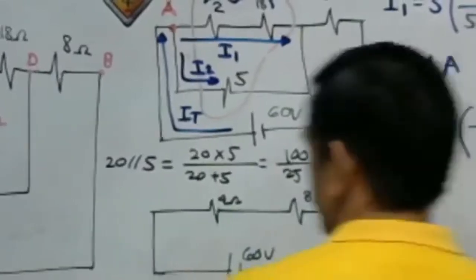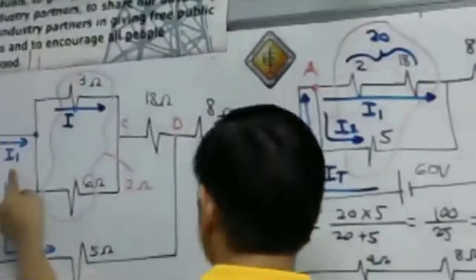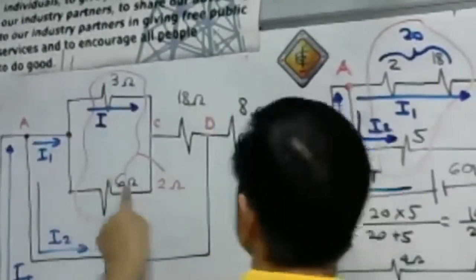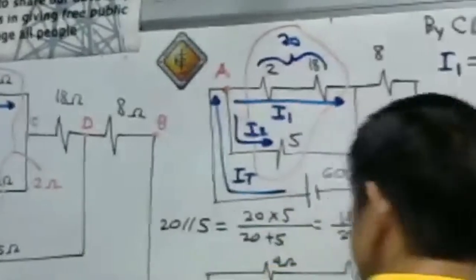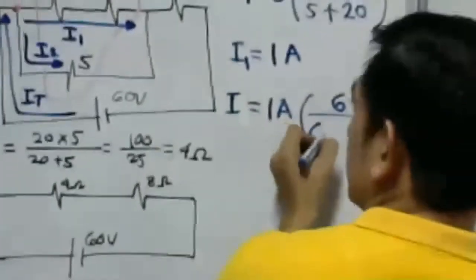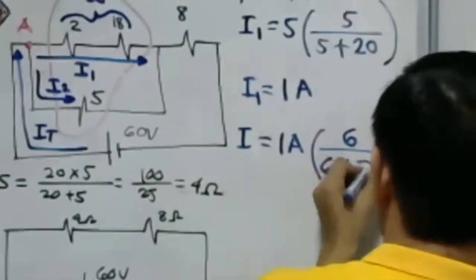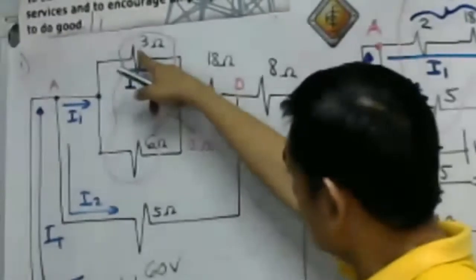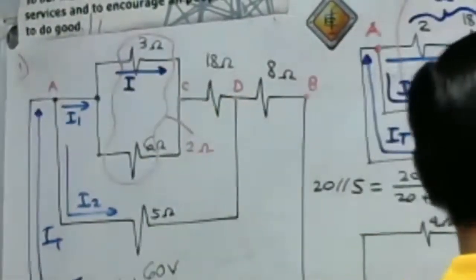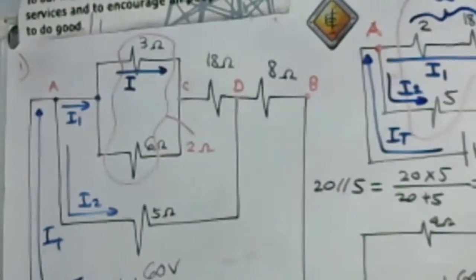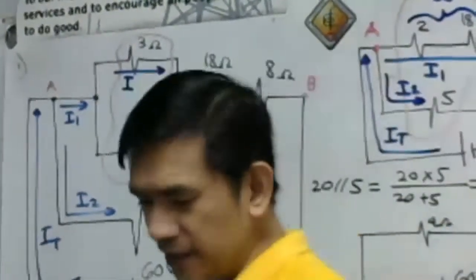I is equal to the resultant current, I1, which is 1 ampere, multiplied by the opposite resistance of 6 ohm, over 6 plus 3. You have to add the two parallel resistors, 3 plus 6. Okay. Let us get now our current. What will be our current?